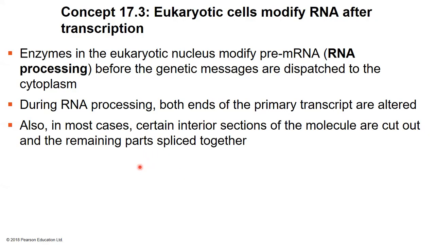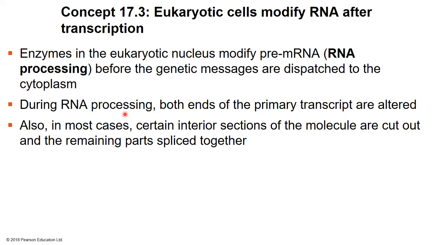After transcription termination and the release of the RNA transcript from the polymerase, in eukaryotes, inside the nucleus where transcription happens, the RNA transcript, or the primary transcript, or the pre-mRNA, will next be modified by a process called RNA processing.